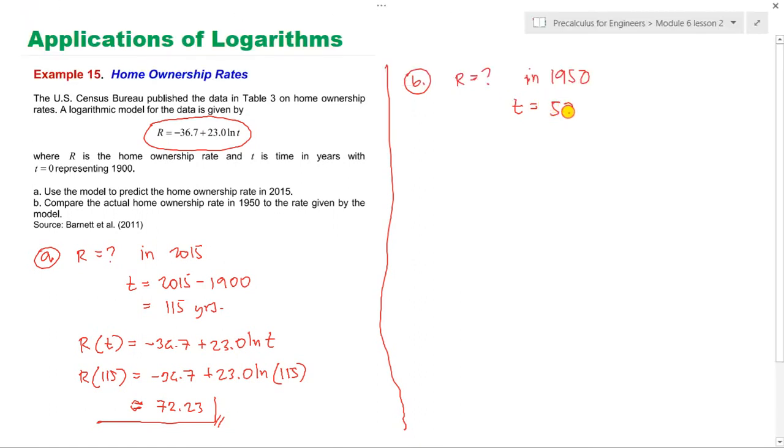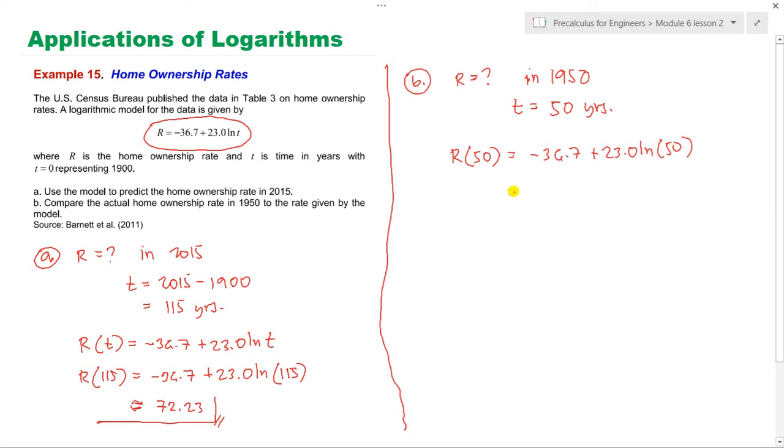Again, same process: R of 50 is equal to, from the model, negative 36.7 plus 23.0 ln of 50.